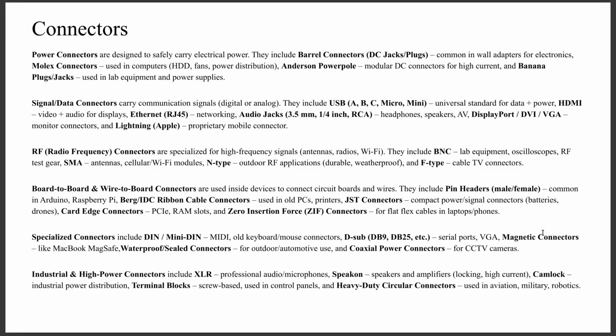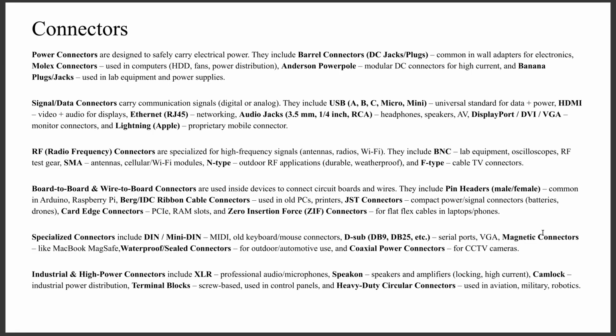RF or radio frequency connectors are specialized for high frequency signals. They include BNC, SMA, N-type, and F-type. Board-to-board and wire-to-board connectors are used inside devices to connect circuit boards and wires.